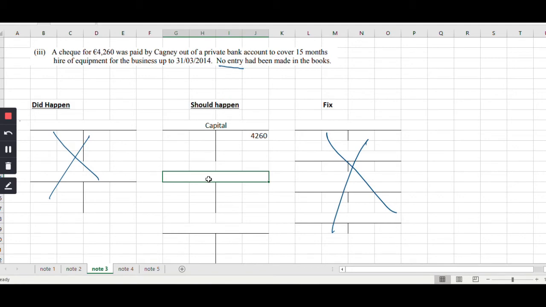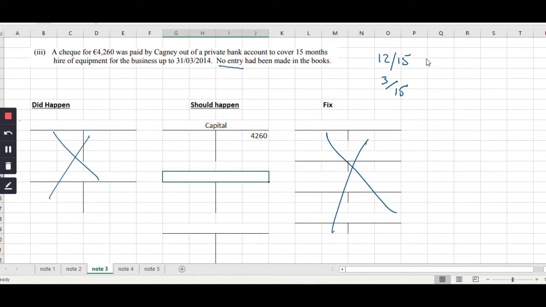Now what we have here is rent or hire of equipment for 15 months, into 3 months into next year. So basically it's going to be 12 months this year, so 12/15ths this year, 3/15ths next year.